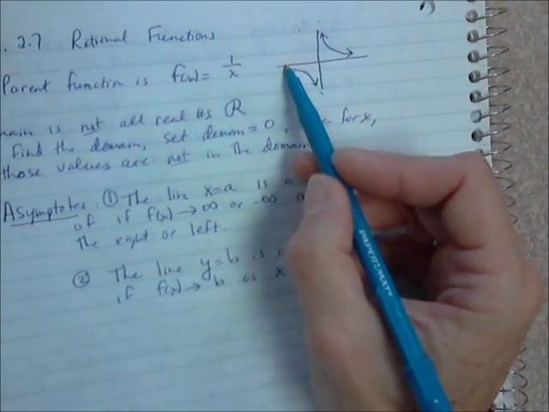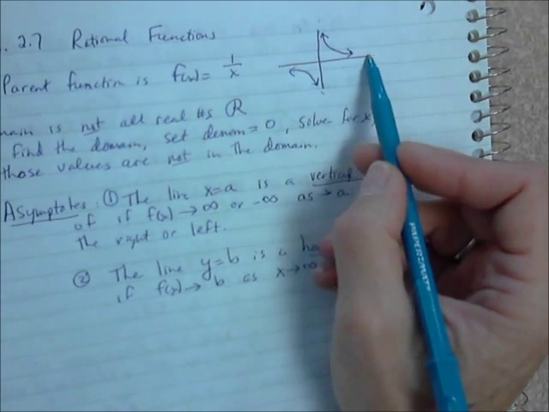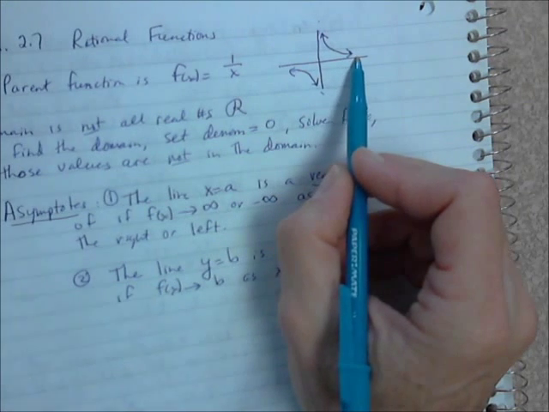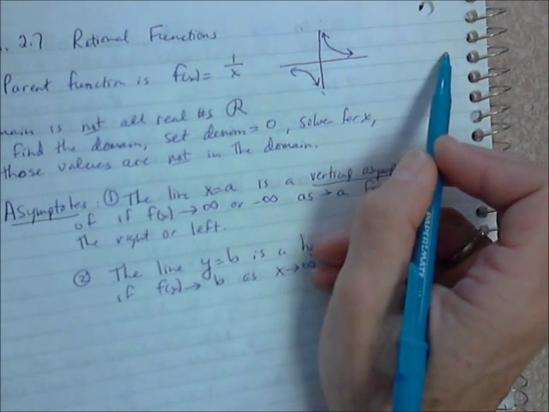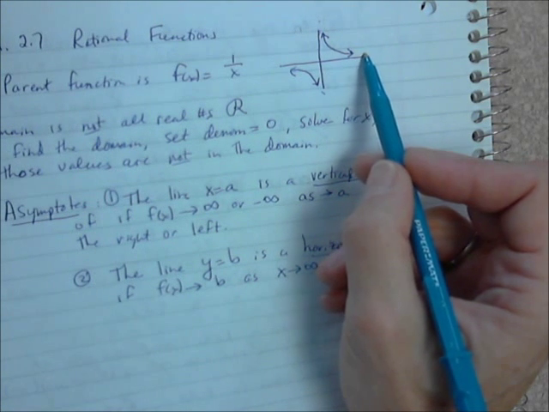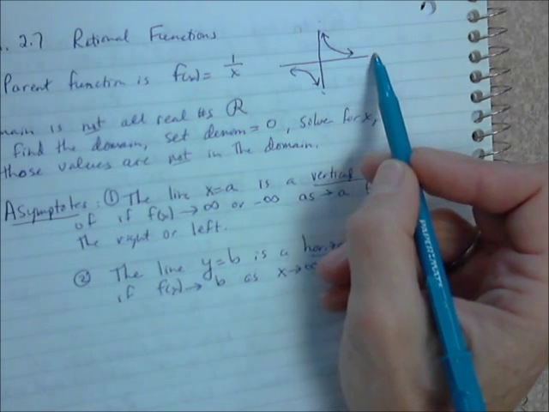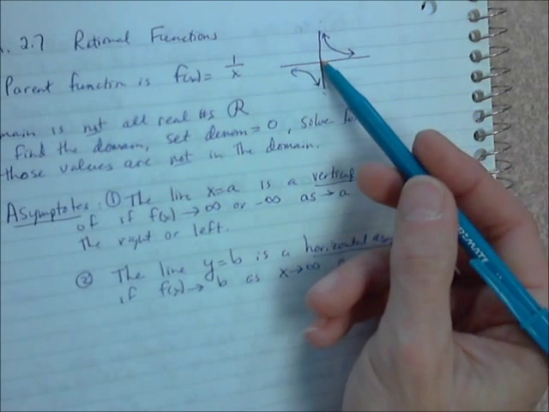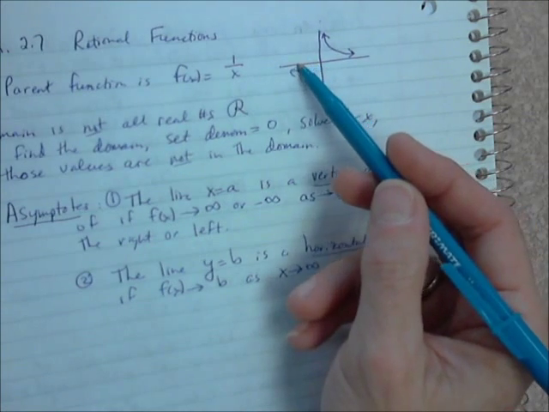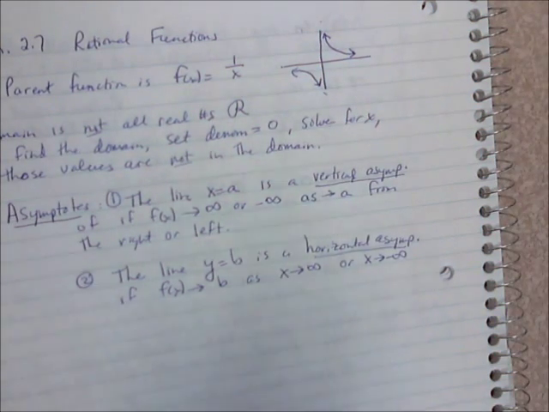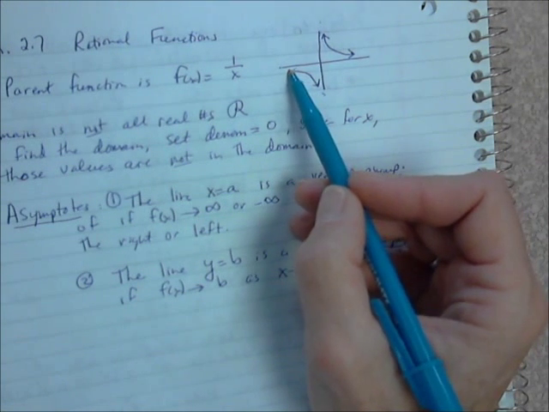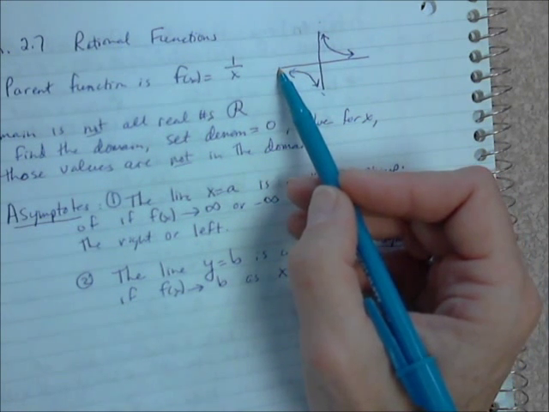The line y equals 0 is a horizontal asymptote for this function because as x goes to infinity, which means it goes forever to the right, this function gets closer and closer to y equals 0. It approaches 0. When this function goes to the left forever, when x goes to negative infinity, this function approaches y equals 0.